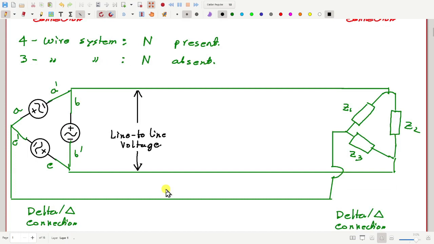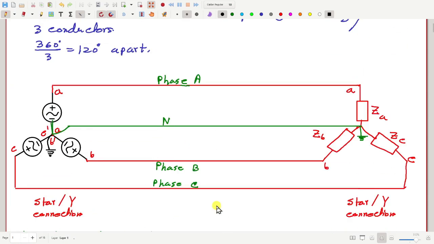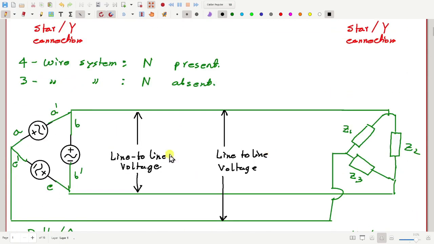Similarly from here to here, this is also line to line voltage. In this diagram also, from here to here is a line to line voltage. Let me write VL, L for line to line voltage.